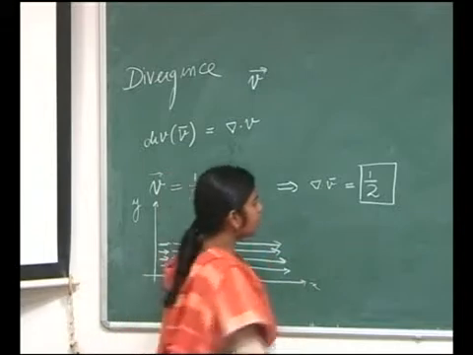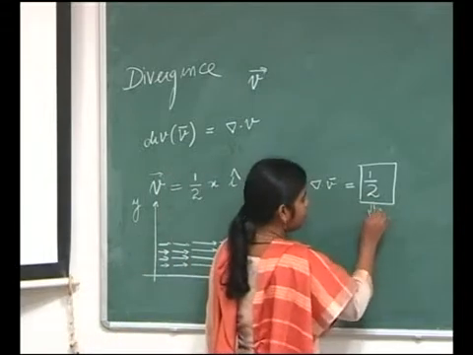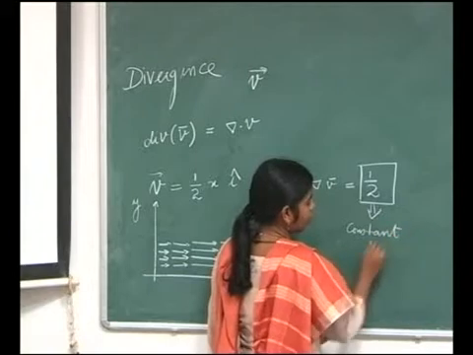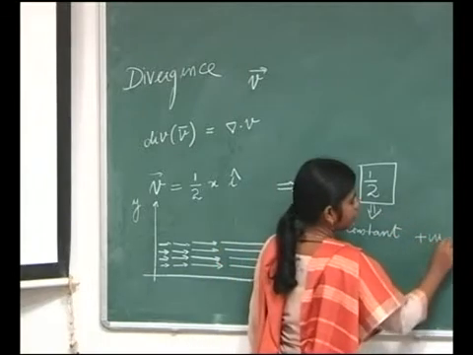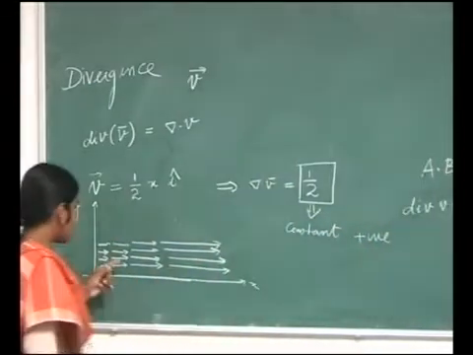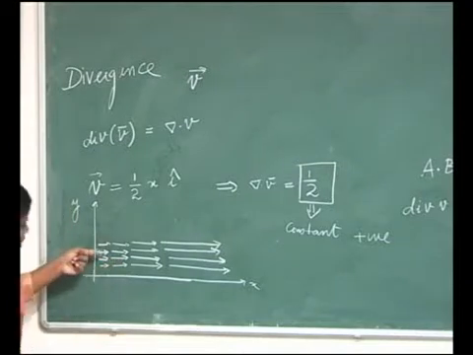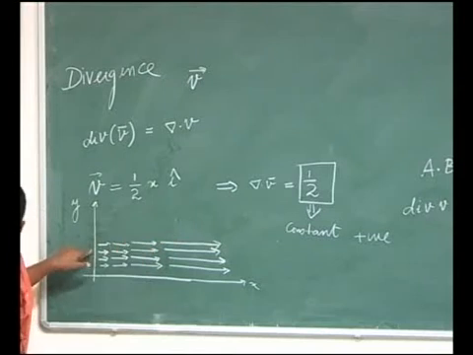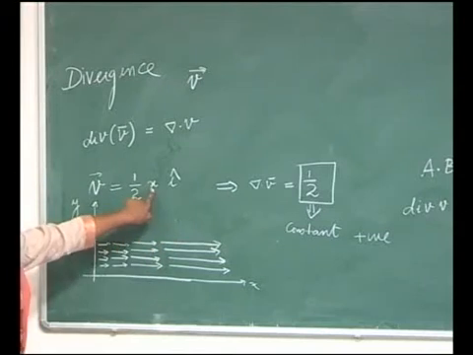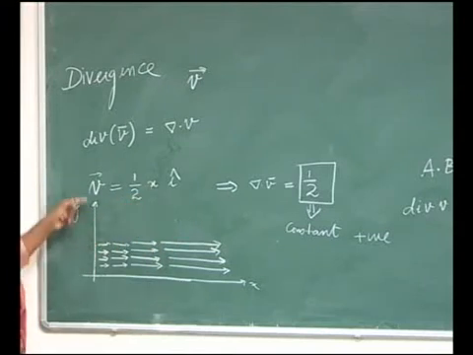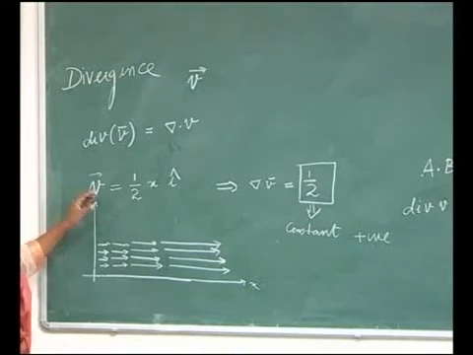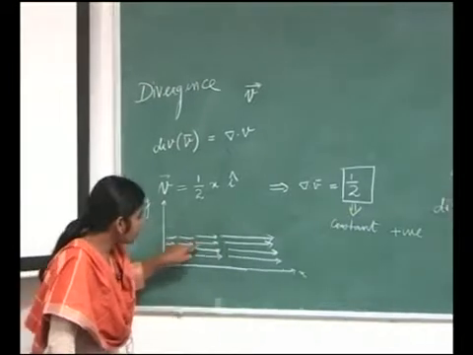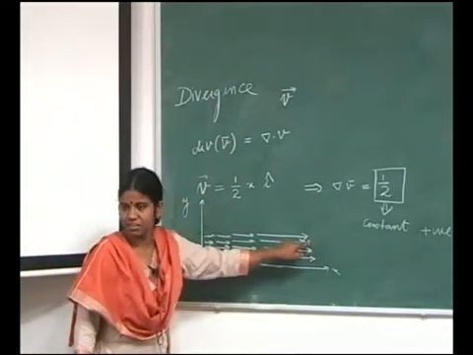So here we will note down that it is constant positive. What do I mean? These lines signify the velocity for a particular value of x. I said that this is the velocity of a fluid. So it is giving me the velocity at different points on the x axis.